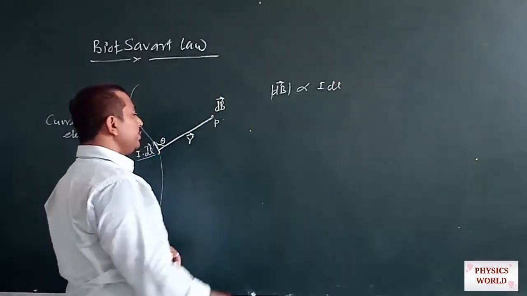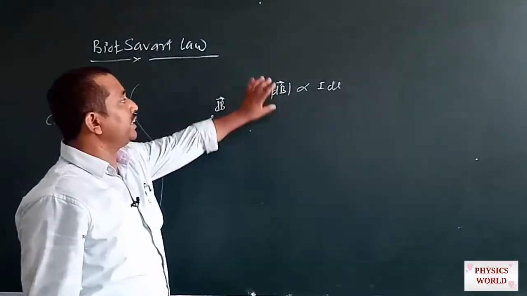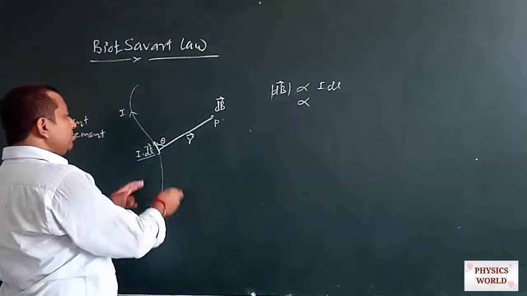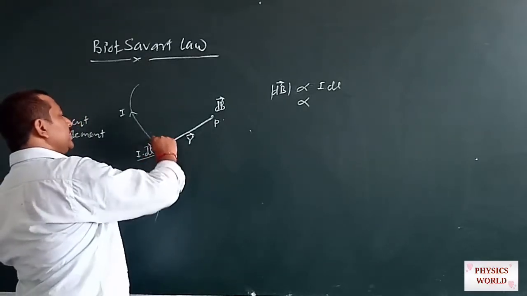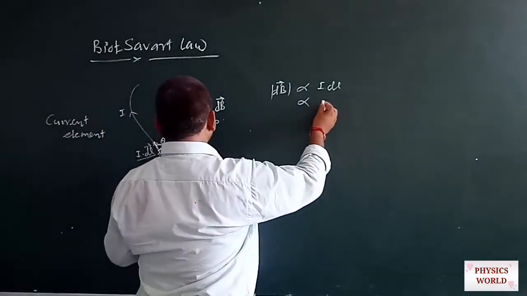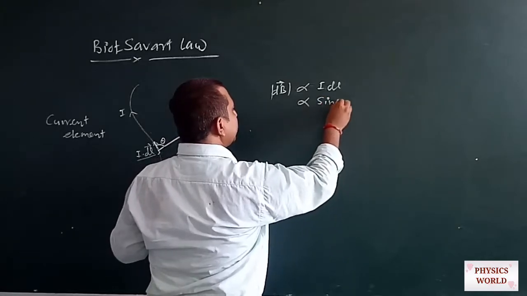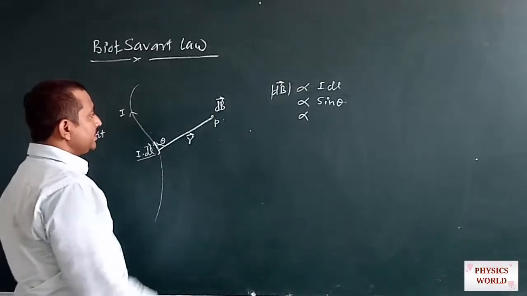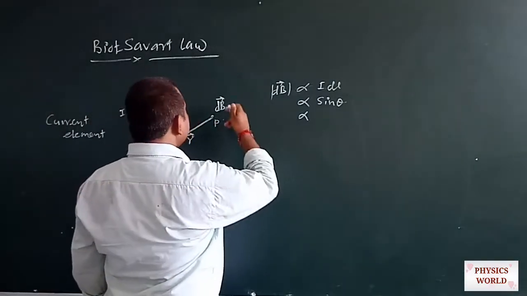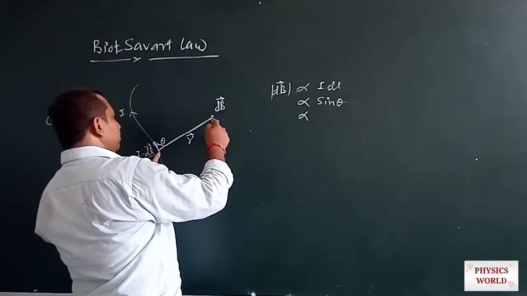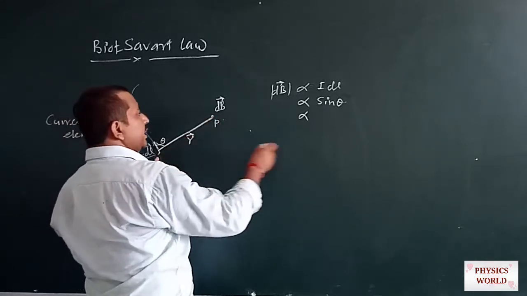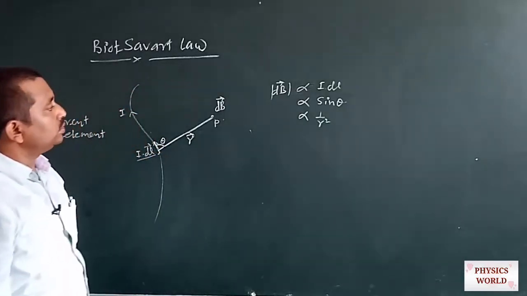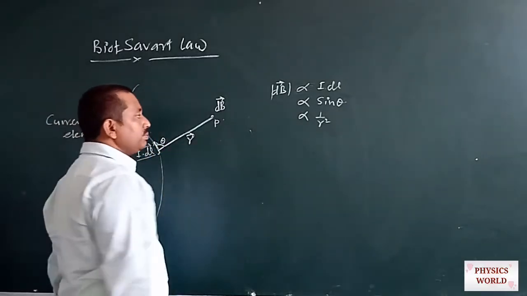We write it in magnitude form, and it is also proportional to the sine of the angle made between the current element and the position vector, that is sine theta. Also the magnitude of the magnetic field at this point depends on the square of the distance of this point from the current element, that is 1 upon r square, so it is inversely proportional to the square of the distance.